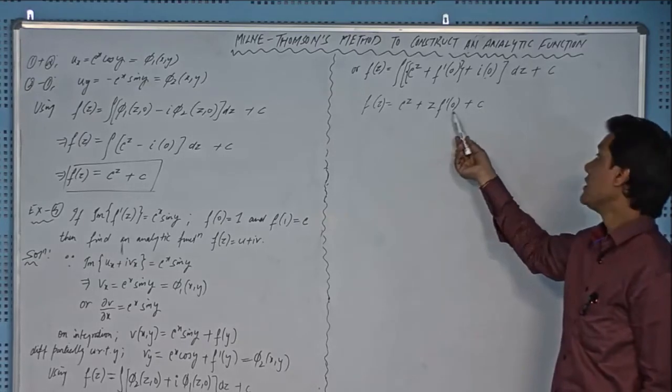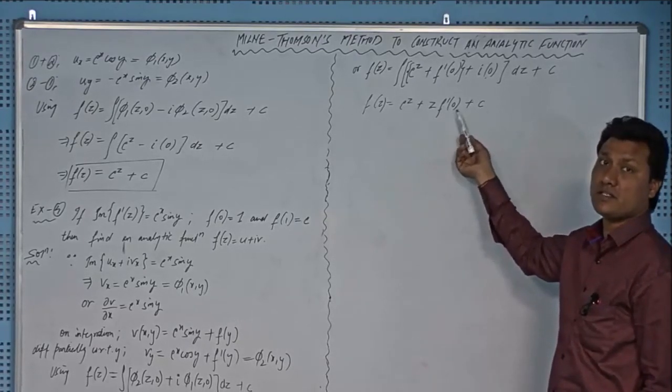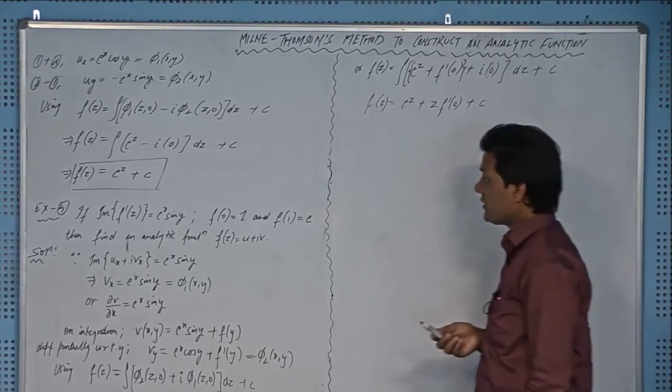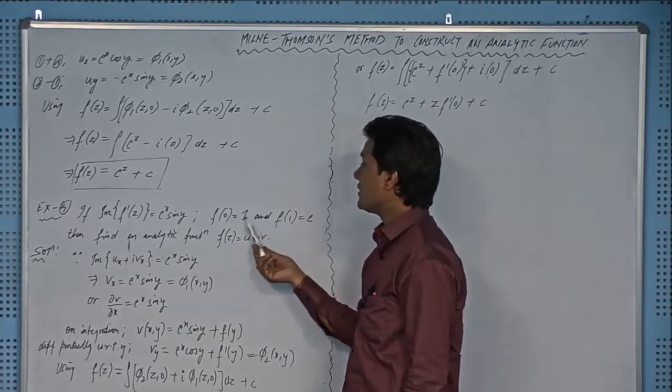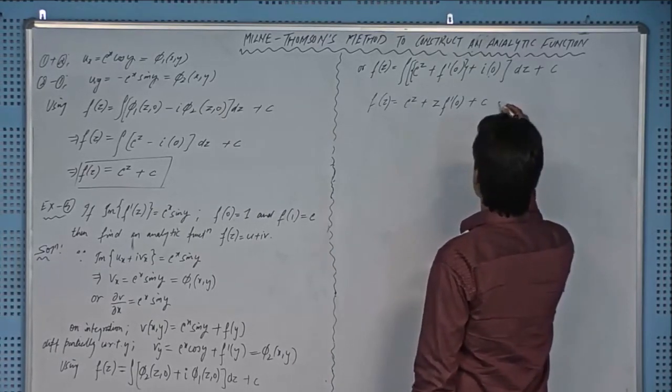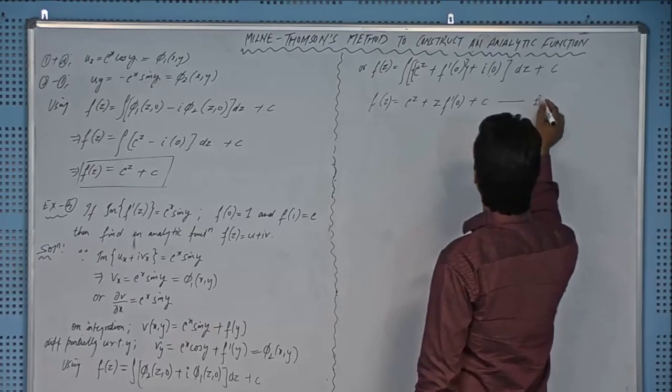But it contains an arbitrary constant c and an arbitrary f dash 0, which means two arbitrary things are present in my function, and obviously I have two conditions to find them. I will use these conditions one by one. This is f(z), I will call it equation number 1.